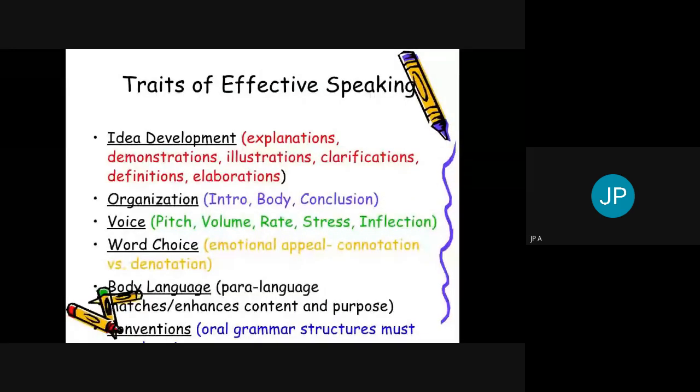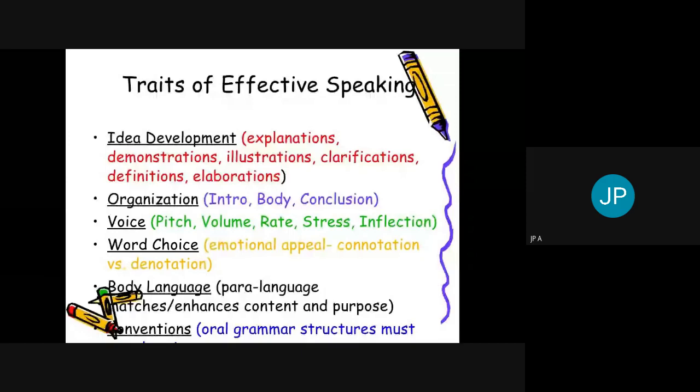So how do you do that? You can do that by many methods. One method is idea development. If you have good ideas, if you give some explanations, demonstrations, and instead of just saying many things, if you also say them with a few examples, if you can give some illustrations, some clarifications, some examples, and tell small stories, people will be interested in your speech.